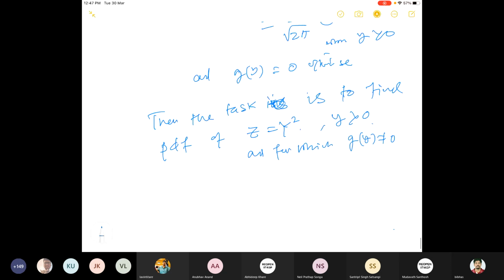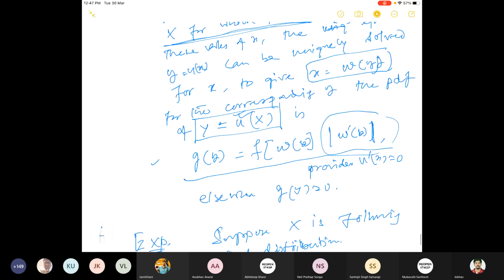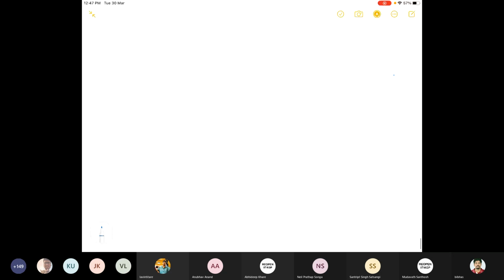If I want to apply this theorem, we have to see that it was written for the range of x where f of x is not equal to 0. So here this f of x is nothing but g of y. This fact we have to use.